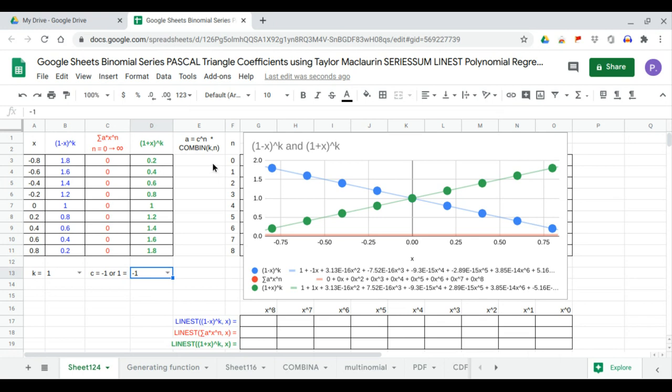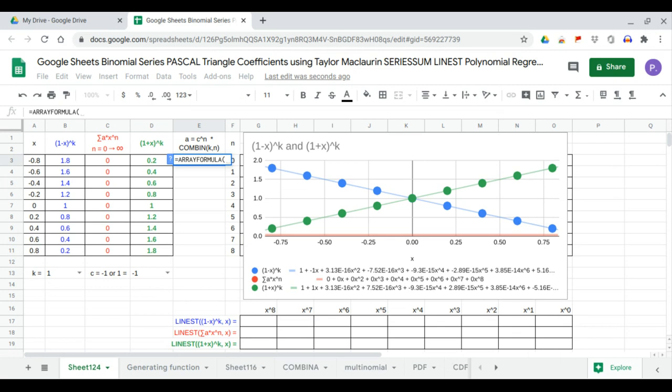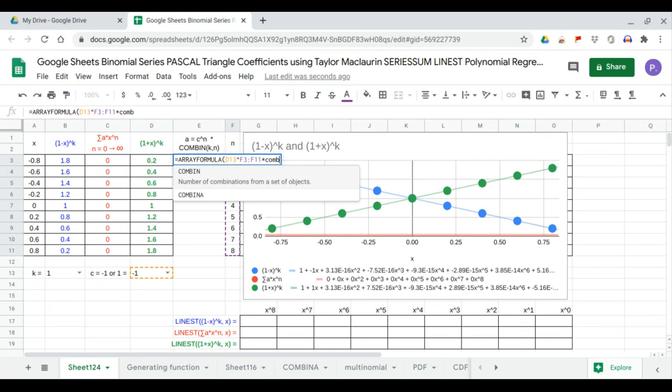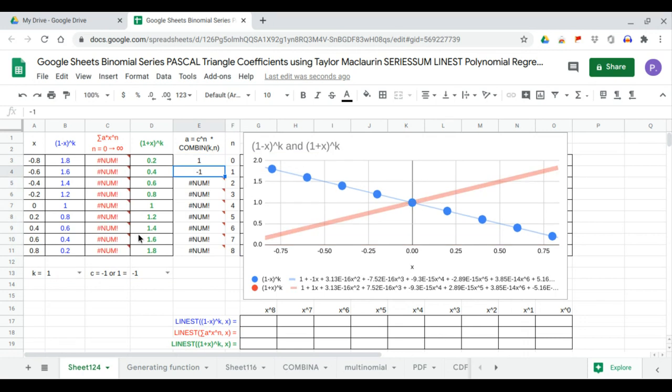So now the value of the coefficient will be our formula, c to the power n times combine k comma n. So we have an error.